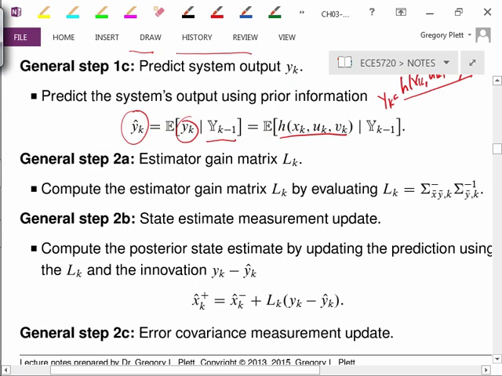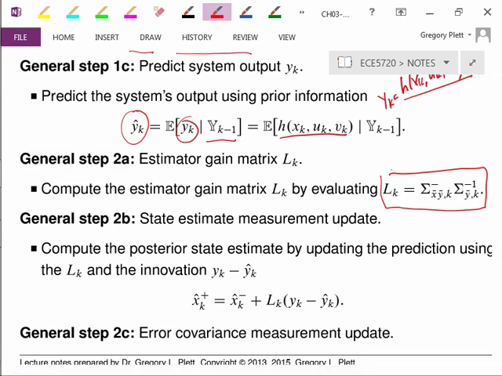The next step is to find the estimator gain matrix, which was defined to be the cross covariance between the X and Y predictions multiplied by the inverse of the autocovariance of Y. At the moment, we can't go any further than this, but once I know the model of the system, the f and h equations, I can evaluate these, and I can evaluate L.